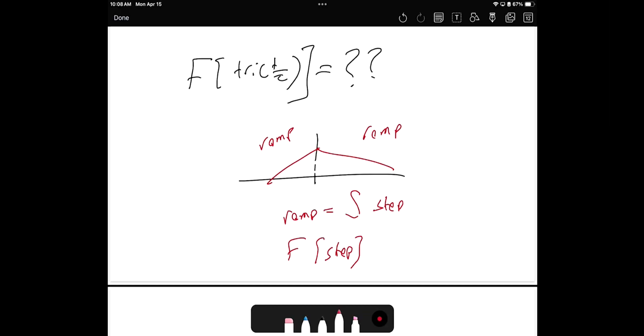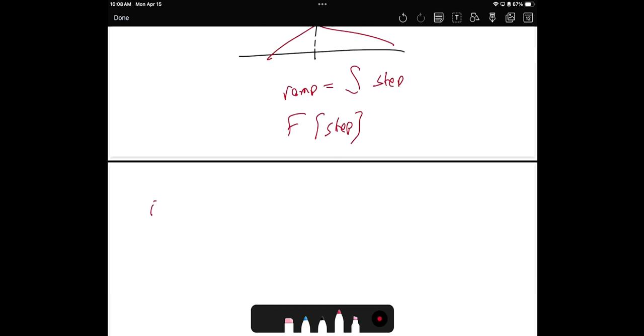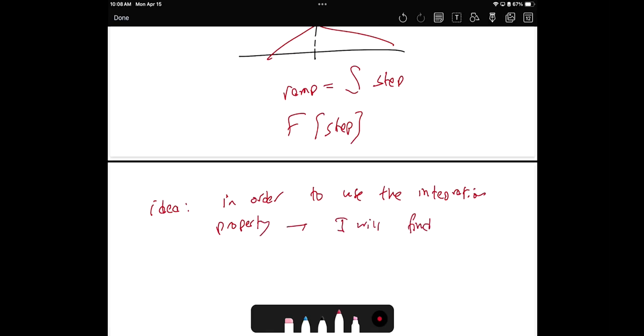So here I'm trying to use Fourier transform analysis in proving this, or the properties of the Fourier transform. Similar to what we did with ramp and step, in order to use the integration property, I will find the derivative first.